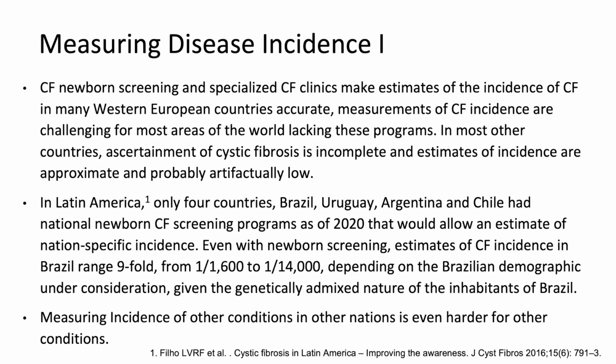So you have this wide range of CF incidence. Well, if you have someone sitting in front of you who says they're Brazilian, what are you going to use as the incidence from which you're going to derive QPath to make the residual recurrence risk calculation?